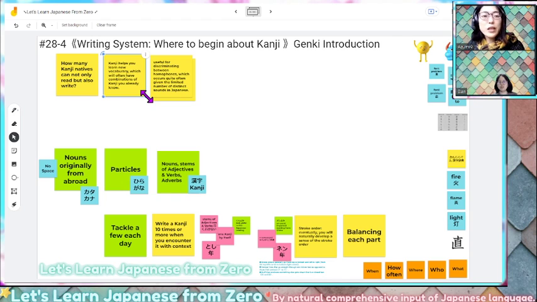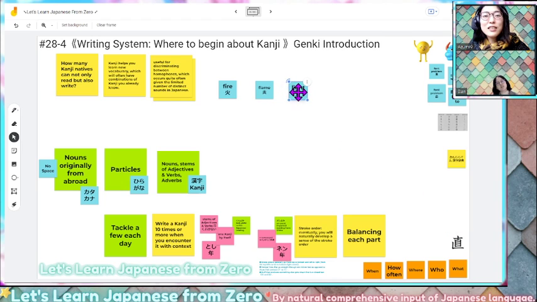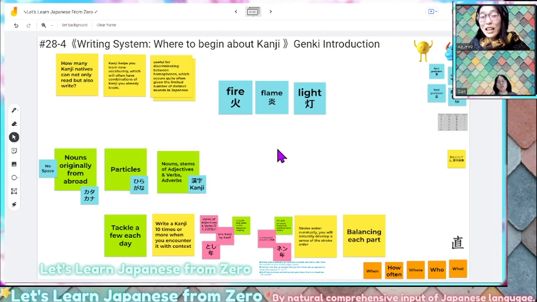For example, I prepared three words: fire, flame, light. In the English world, we have to learn each single word, right? Even though you know fire, you don't know how to say flame. You have to learn flame. And even though you know fire, you don't know how to say light. You have to learn light.